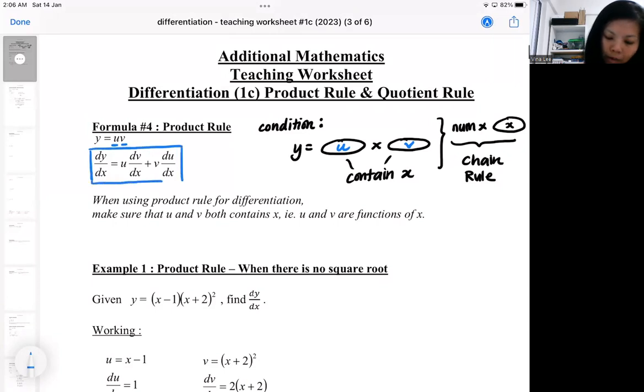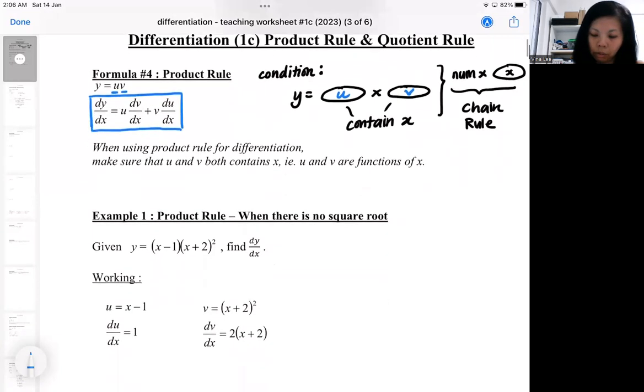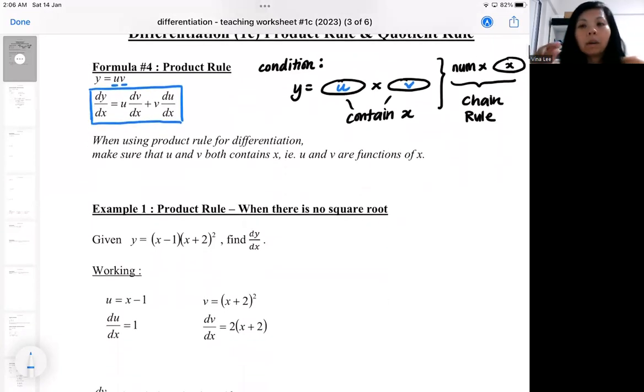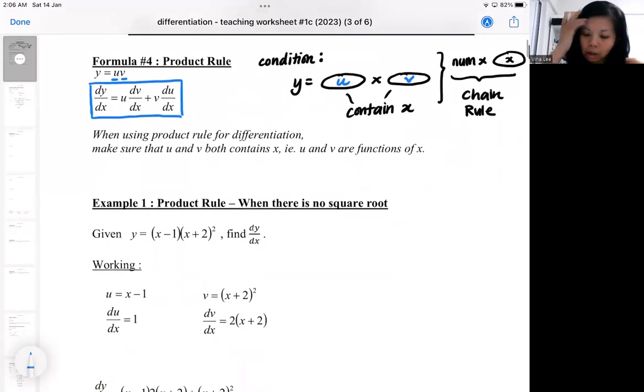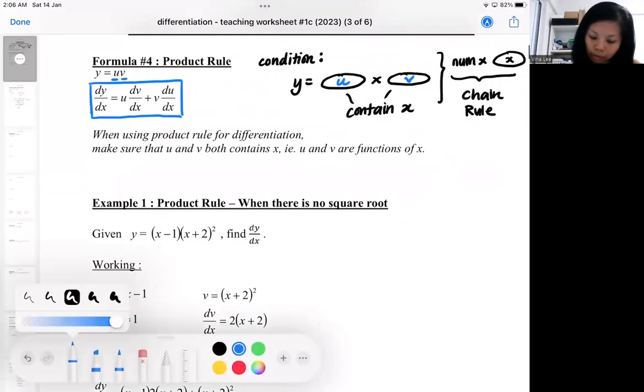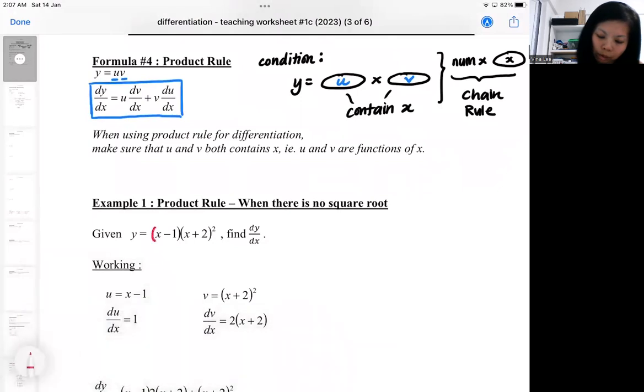It will be easier if I use a numerical value to explain. When it comes to the product rule, there are two cases. Let's observe. Case one: the product doesn't have a square root. Let's explore this one.